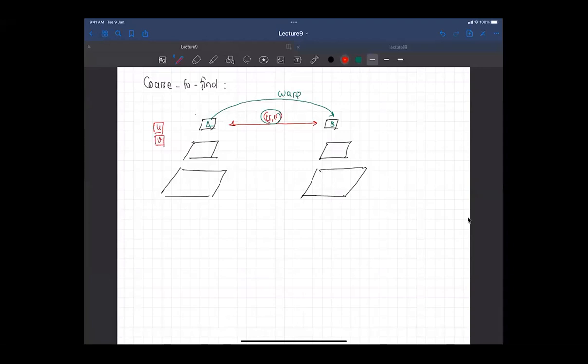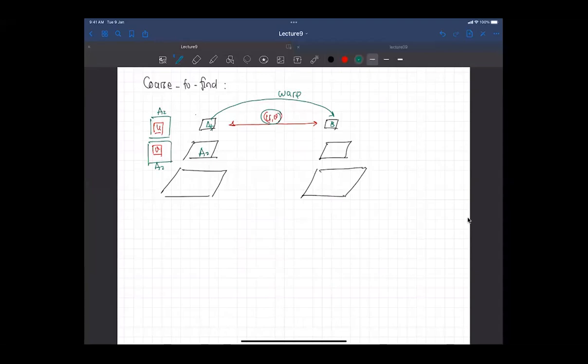Then, for example, for U, you enlarge this U to the same size as A2. So we enlarge U into the resolution of A2, and the same, we enlarge V to the same resolution of A2.